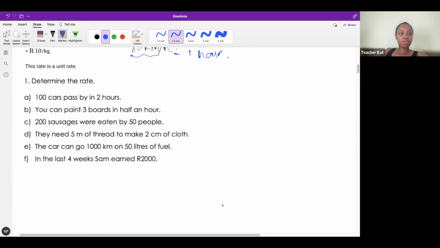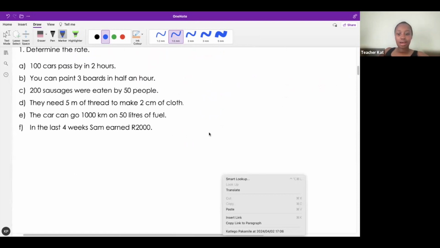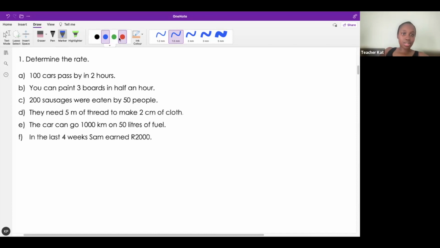Now let's determine the rates of the following. It doesn't say so here, but I would prefer that we determine the unit rates, so let me write it in brackets here on the side. What I want here is the unit rate, so per one. The first one says 100 cars pass by in 2 hours.